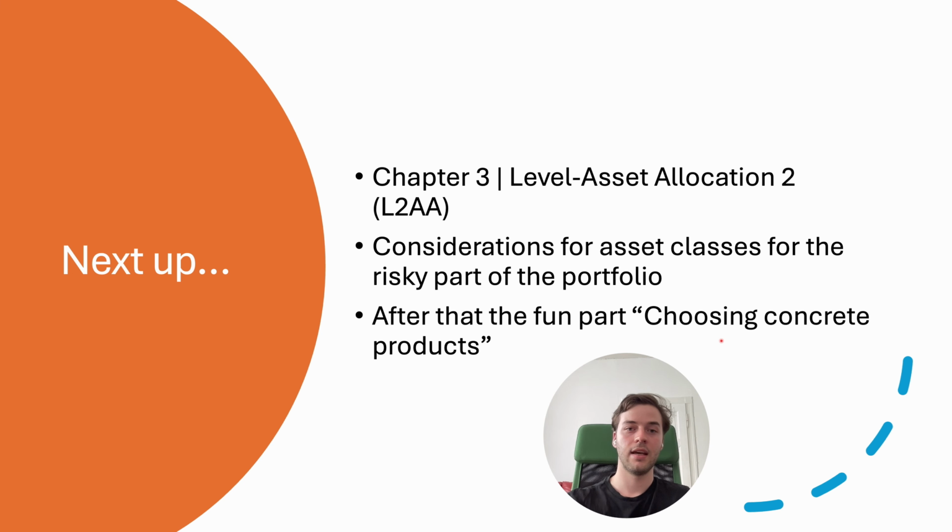Considerations for that. And of course, after chapter 3, we will hopefully at some point get to the fun stuff, which is choosing the concrete products and showing how to actually sign up for a broker and use a broker in general. And of course, if there's anything else specifically you want to know, we will be able to talk about this as well. And after we have the general structure in place for the course, we can also do more deep dives.